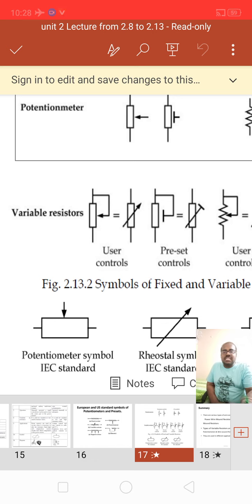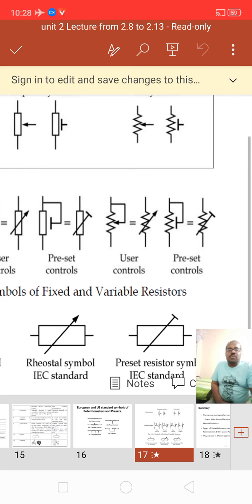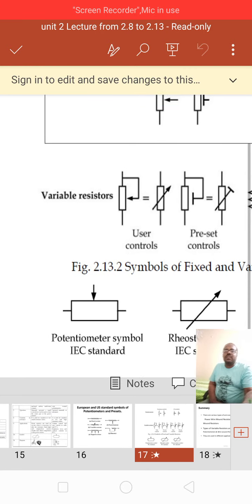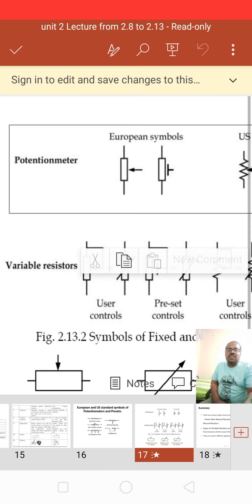See, the IEC standard potentiometer symbol is also shown in the slide. See the rheostat symbol shown, preset symbol, resistor symbol shown. Please make a note of it. In this slide they have given the potentiometer symbols in European as well as US symbols.